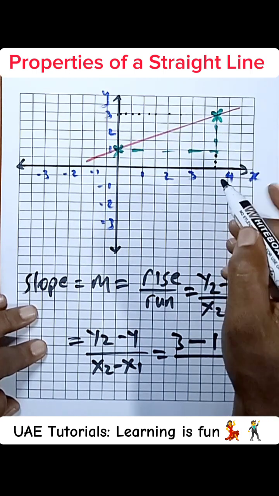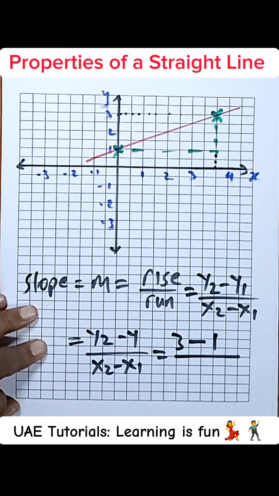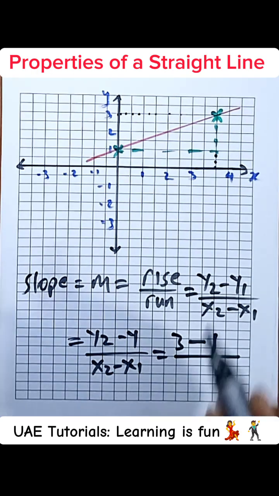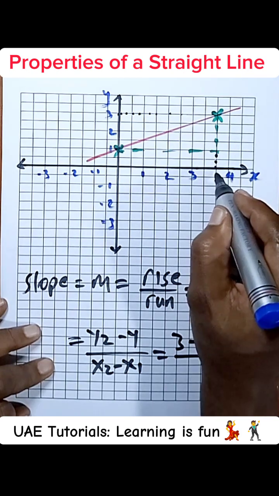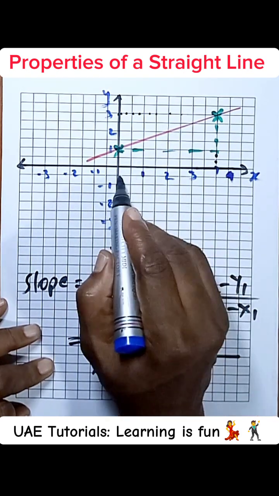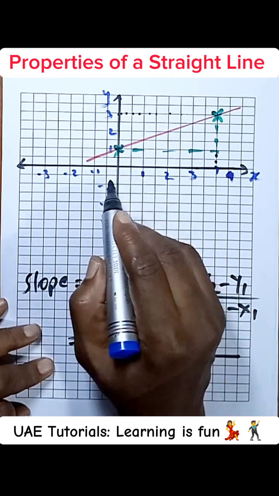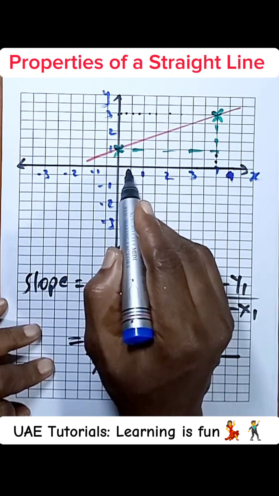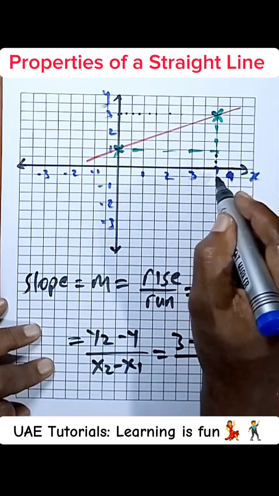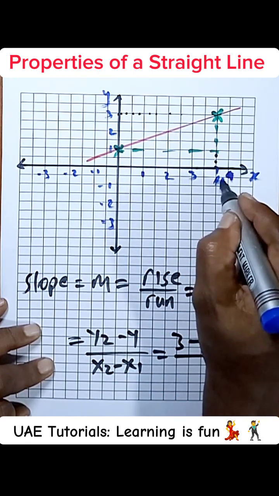Now, where does it cut the x-axis? It cuts the x-axis at, hang on, I made a mistake earlier. Our 4 is supposed to be here, not here, because I'm taking 2 units to equal 1 on the x-axis. So 1, 2, 1; 1, 2, 2; 1, 2, 3; and 1, 2, 4. So our 4 is supposed to be here, rather.